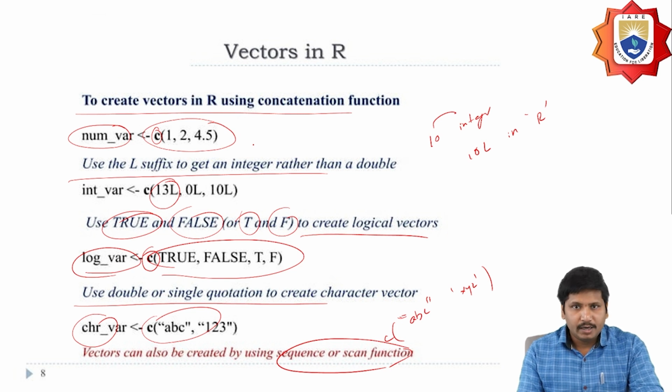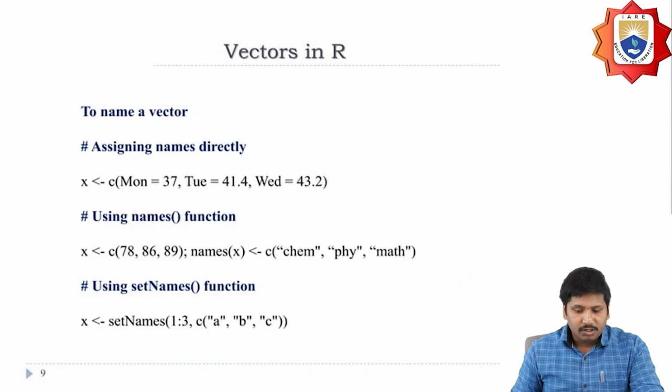If I want to create an integer vector, I have to specify L as the suffix to the number so that it is treated as an integer vector. And next is the logical vector. The logical value should be either TRUE or FALSE, and by making use of that, I can create the vector. Then for creating a character vector, I have to make use of the c function.